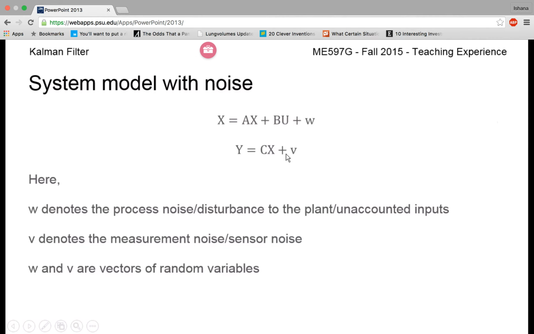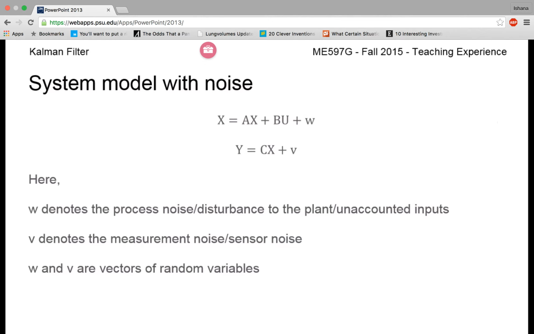And then we talk about this vector V, which is a noise vector, which originates from the sensor noise, and hence it is a noise which is added to our output.